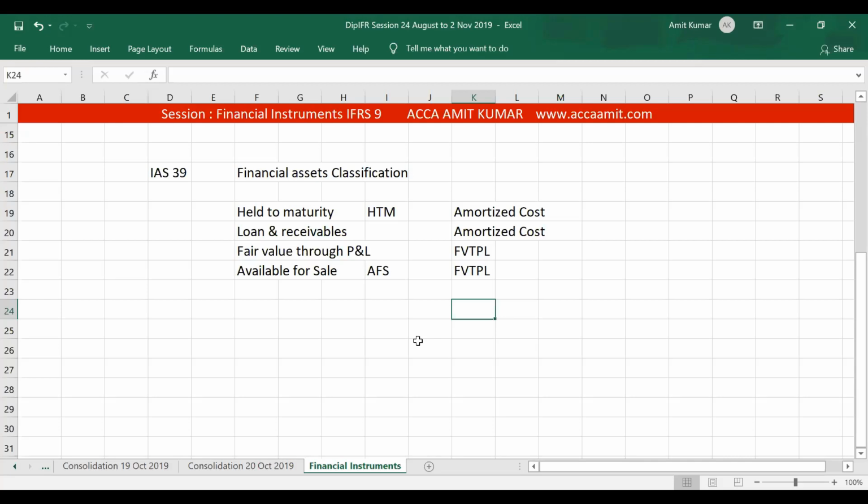What do you suggest? Shall I get into this categorization first and then reach a conclusion, or can I directly classify them based on amortized cost valuation or fair value through P&L? What do you suggest?